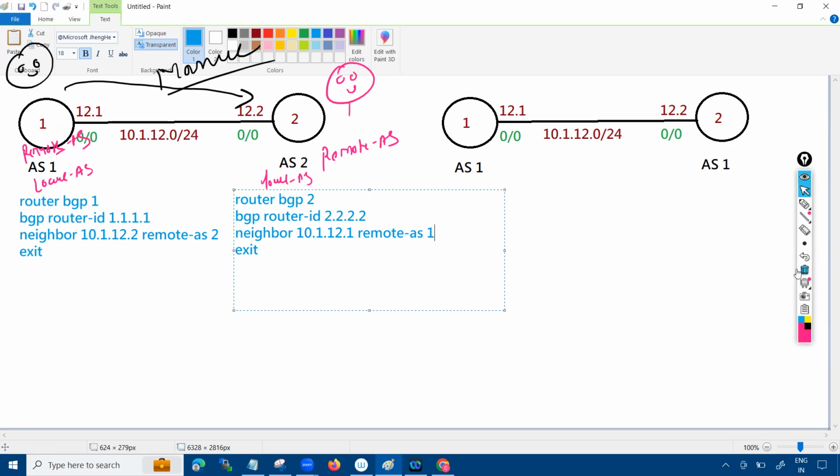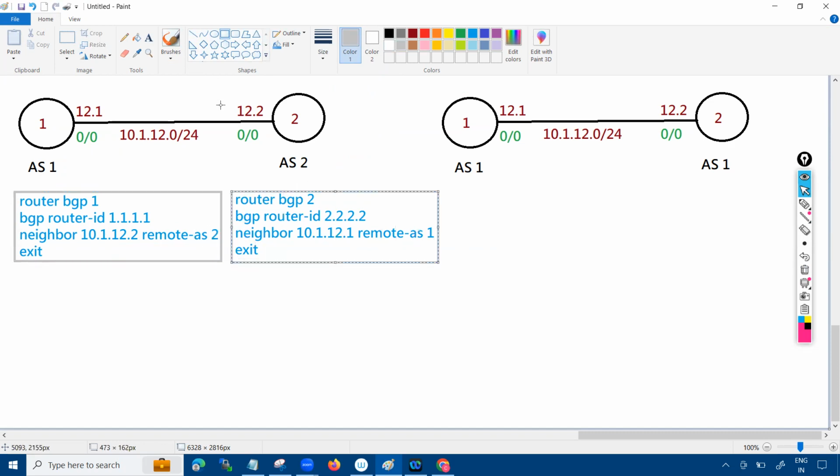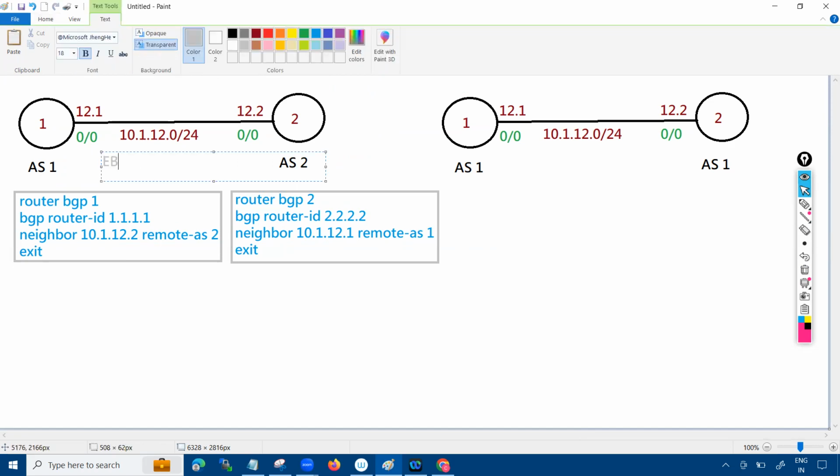That's how you enable the manual neighborship, on router number 1 and on router number 2. This is called an eBGP direct neighborship.